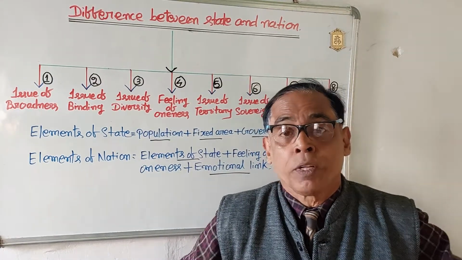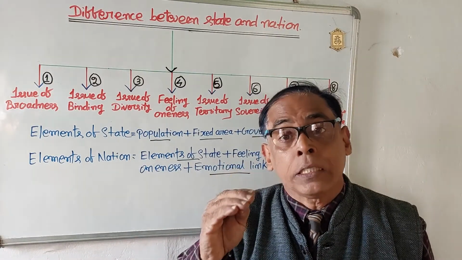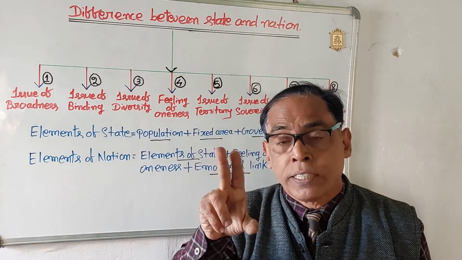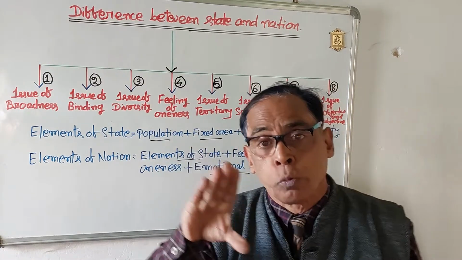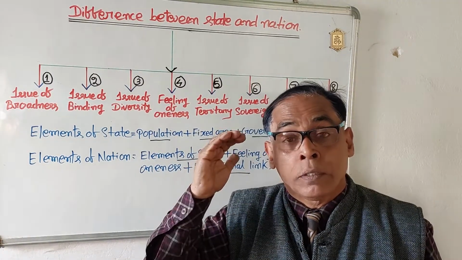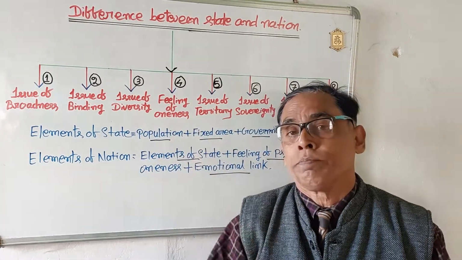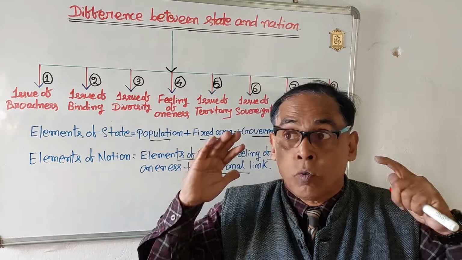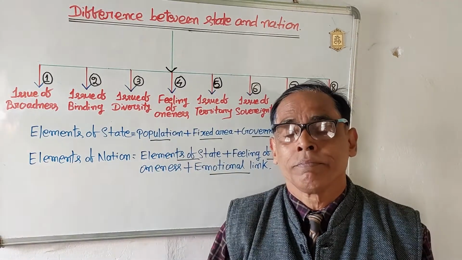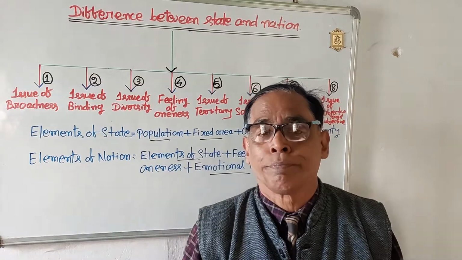So again, a nation means, in addition to population, fixed area, government and sovereignty, there must be a psychological feeling of oneness among people. People must think that we are one. And number two, there must be an emotional link or attachment.